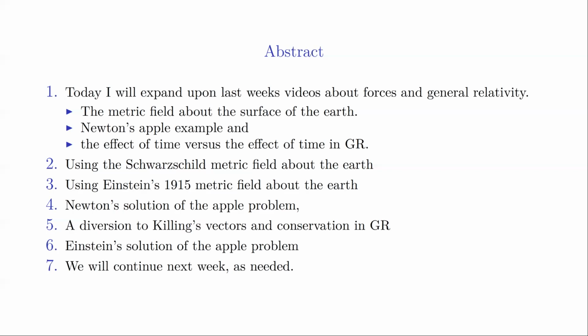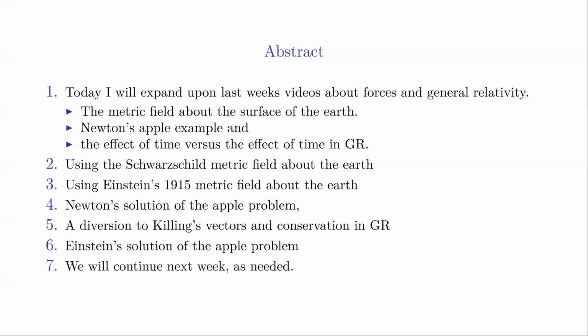And we'll get not about curvature, but about the effects of time versus the effect of time in general relativity. I'm going to have to use the Schwarzschild metric to show that it's actually completely unneeded.